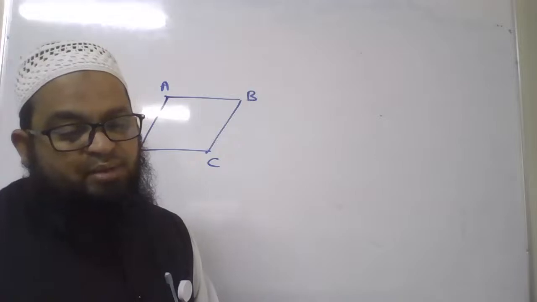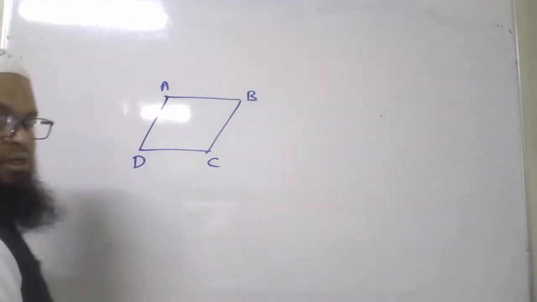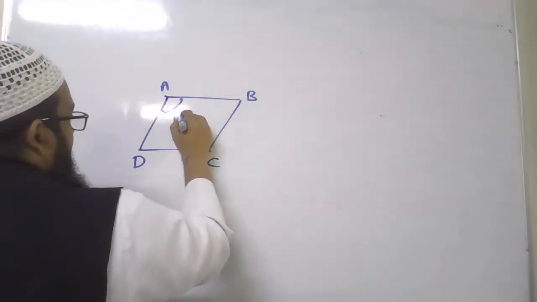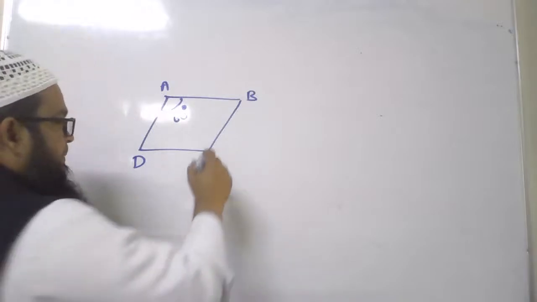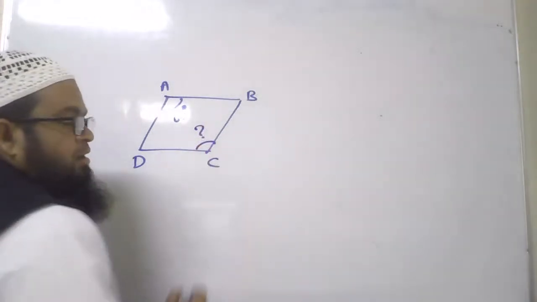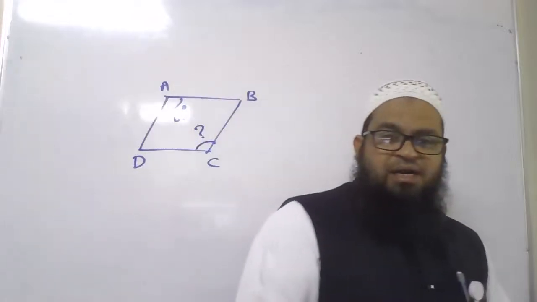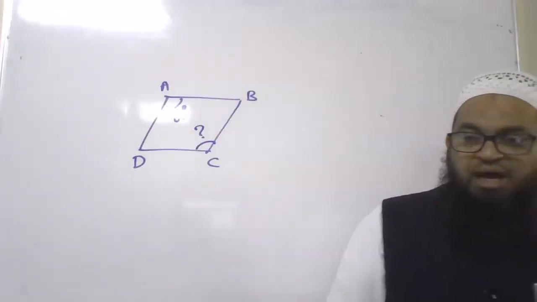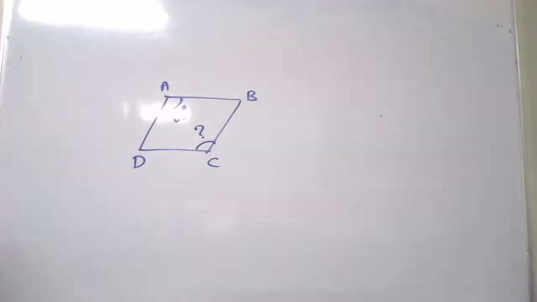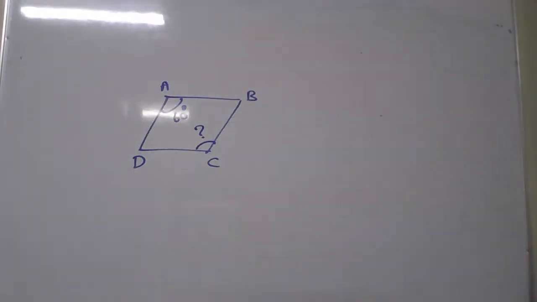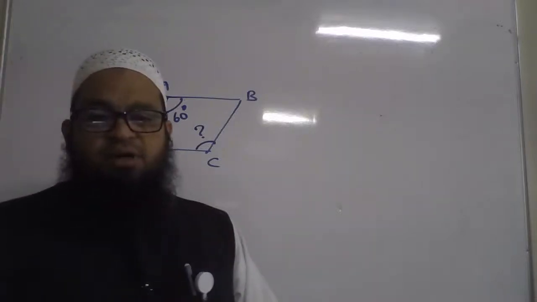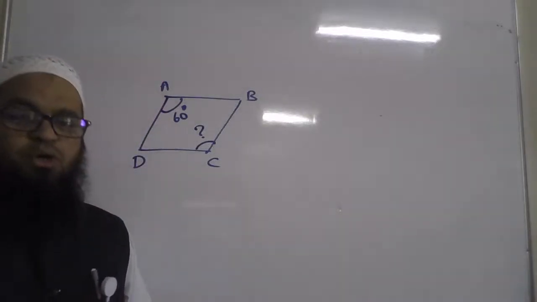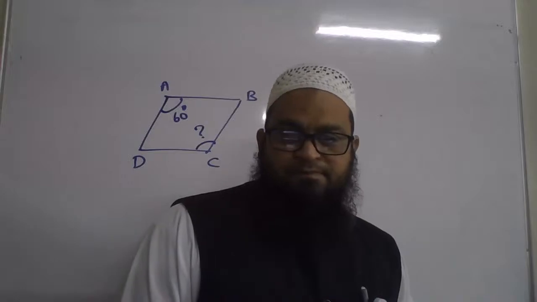In a parallelogram ABCD, if angle A is equal to 60 degrees, so what is angle C? Can anybody tell me? If angle A is equal to 60 degrees, what is angle C?